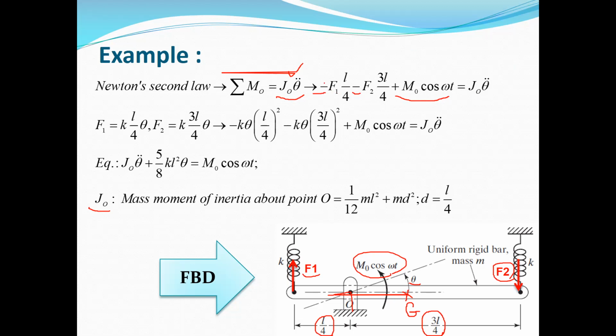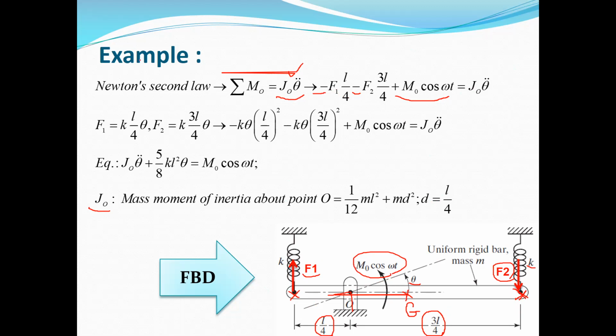And also we need to substitute F1 and F2, which F1 is k times the deflection of this point, which the deflection or displacement of this point is equal to L over 4 times theta, and F2 is equal to k, the stiffness of the spring, times the deflection of this point, and the deflection is equal to 3L over 4 times theta.